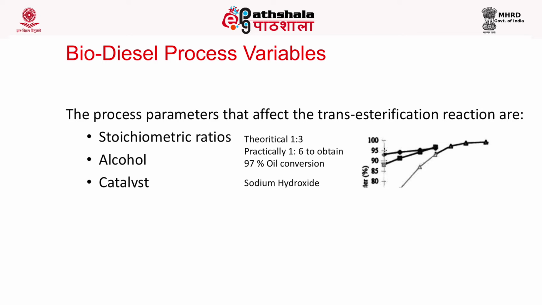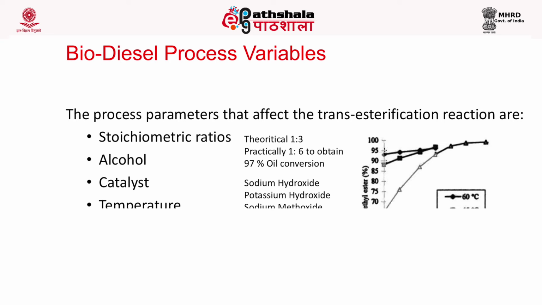So in using methanol, we are still depending upon petroleum product or petroleum fuel. But if we use ethanol in the process, then it becomes totally a bio process, because ethanol is produced in the country by using the plant materials, that is sugar and starch.